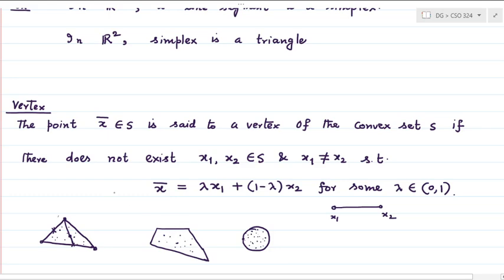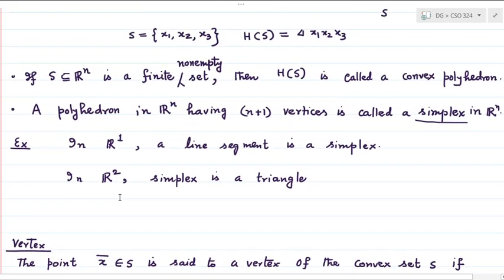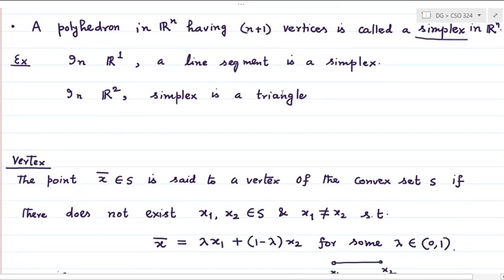Now, what does the idea of simplex say? The idea of simplex says that a polyhedron, a polygonal region in the n-dimensional Euclidean space, having exactly n plus 1 vertices, fine, that is called a simplex.